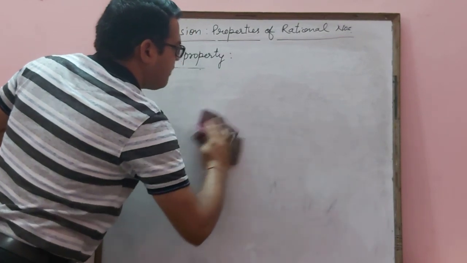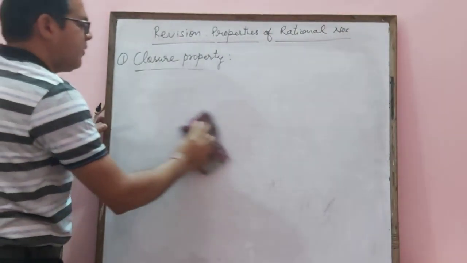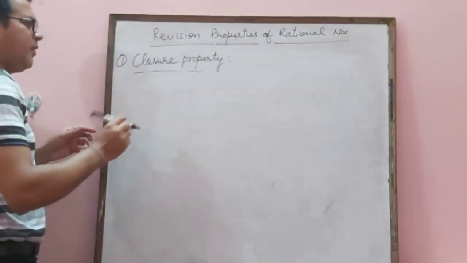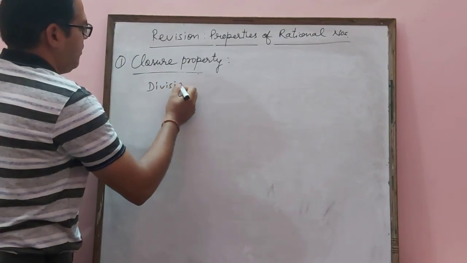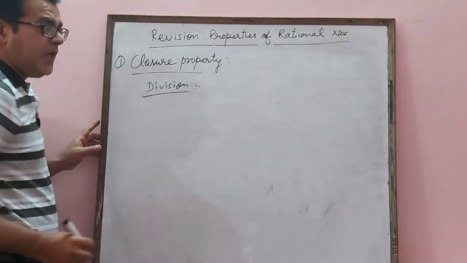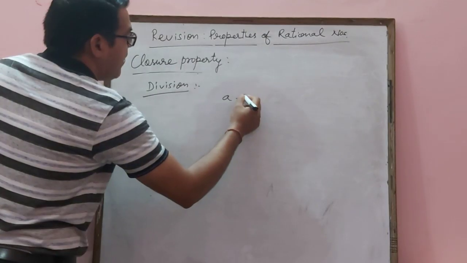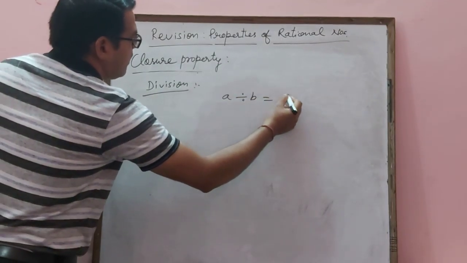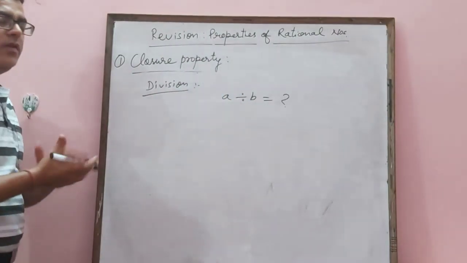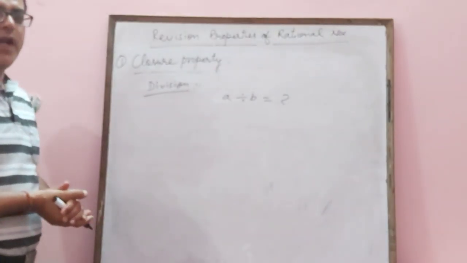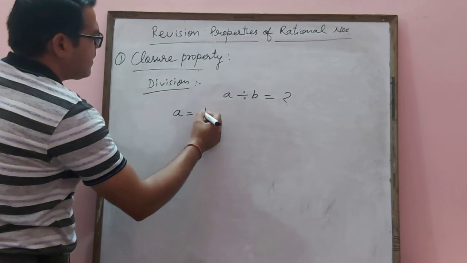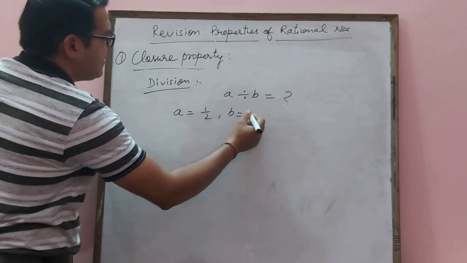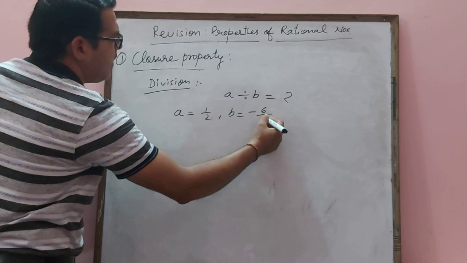Now let's check what happens when we divide one rational number by another rational number. We will check for division also. A divided by B. Let the value of A be 1 by 2 and the value of B be minus 6 by 7.